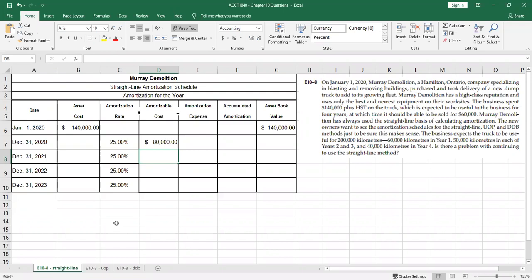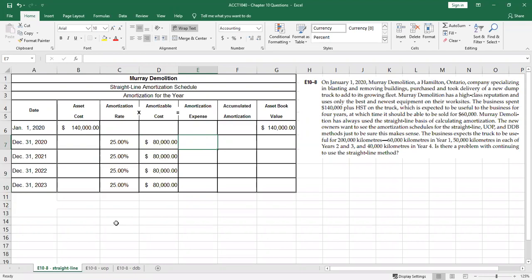You can think of this amount as the amount that will be consumed over those 4 years. And here's the great thing, just like the amortization rate will be the same in each of those 4 years, the amortizable cost will also be the same in each of those 4 years. Again, due to the fact we're talking about straight line.